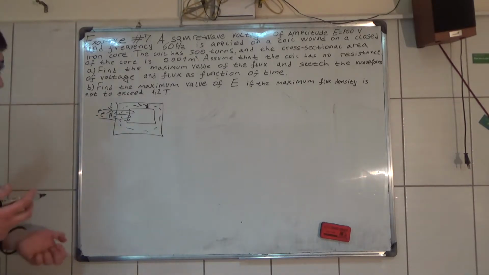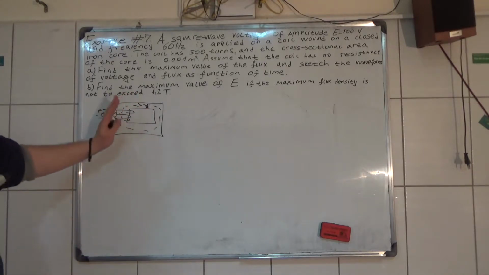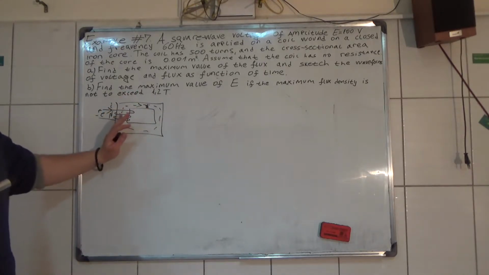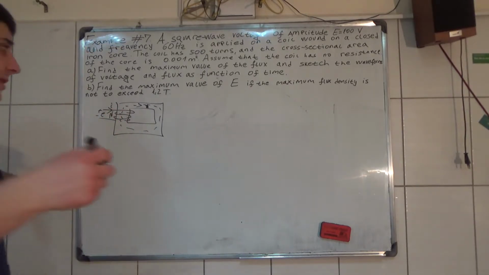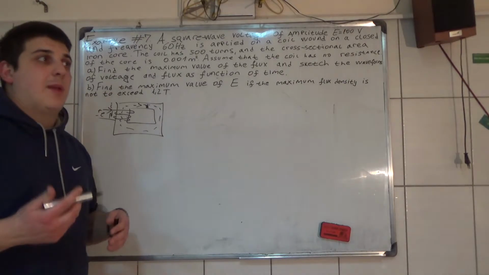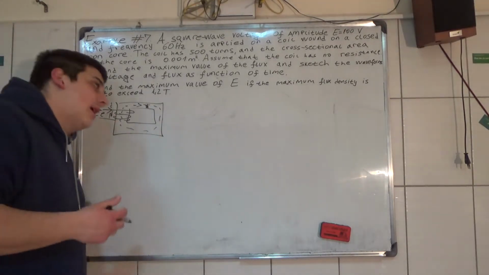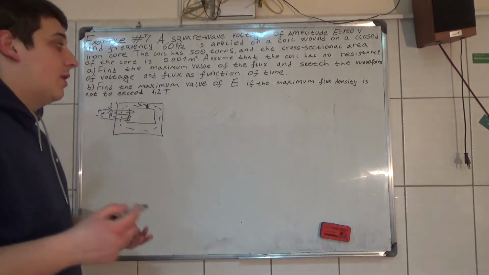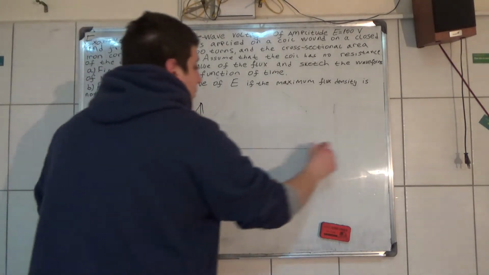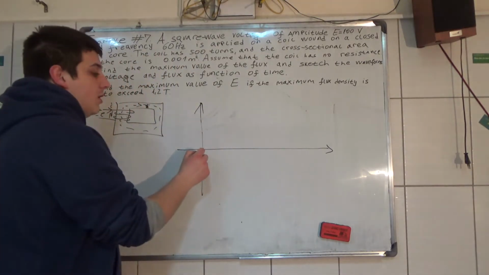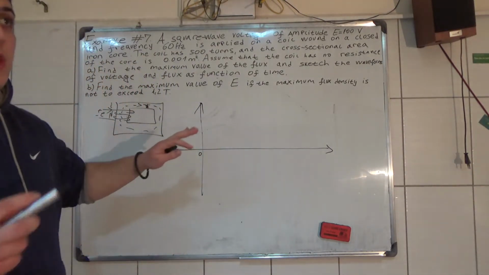So first of all, let's assume that this circuit at the starting point 0 was unmagnetized, so at this point 0 there is no flux.